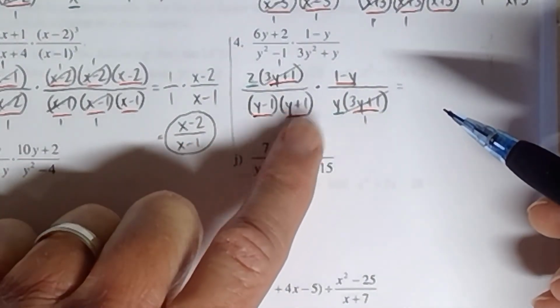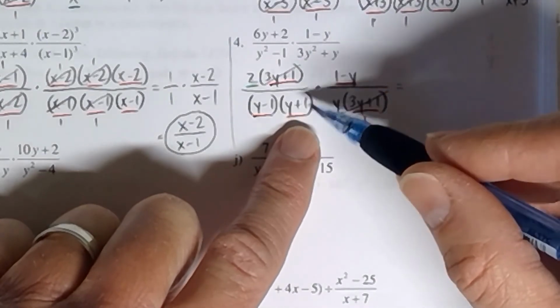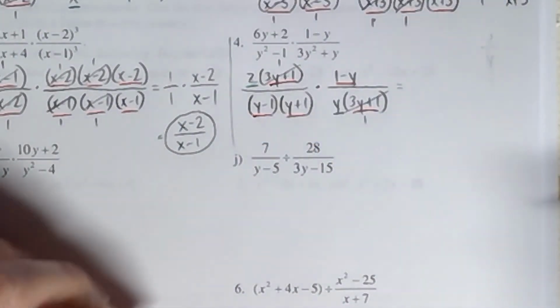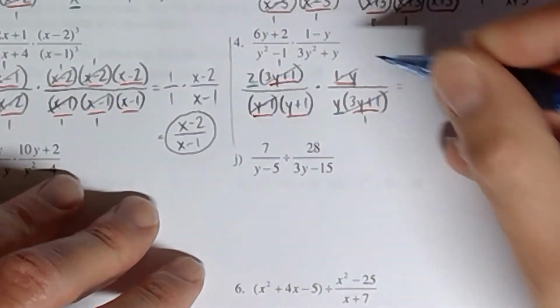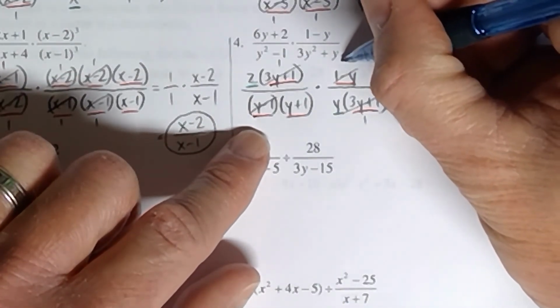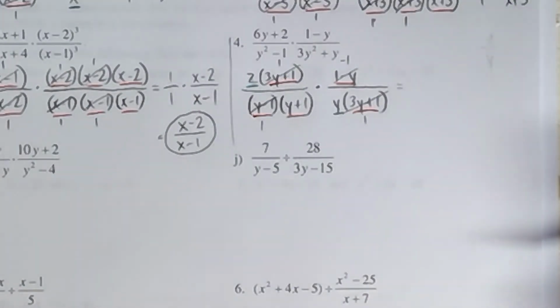Okay, don't do the y plus 1, because only one of the terms has opposite sign. The ones do not have opposite. So you can't do it when only one of them is opposite. All right. So I can do this one and this one because both of the terms have opposite sign. But remember, it's not 1 and 1 when you do that. It is -1 and 1, just like we talked about on the front of the worksheet.